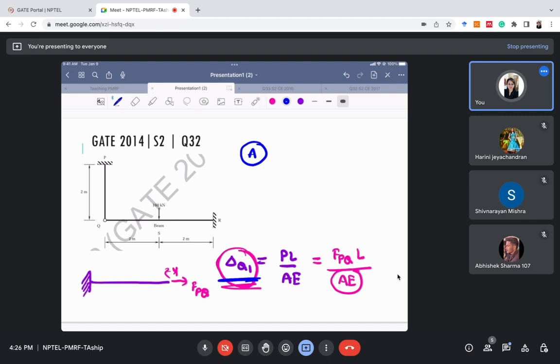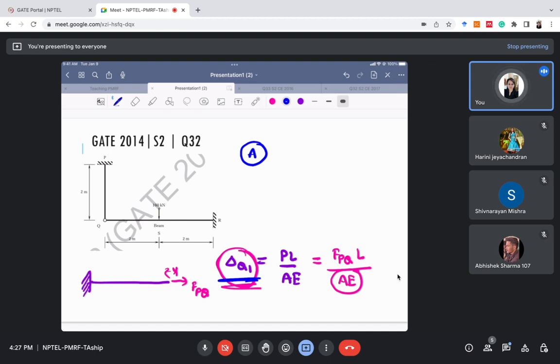Second thing you should know is the standard deflection formulas. Without the standard deflection formulas, it will be very difficult to solve this problem in a conventional way. Another important thing which I like to stress again and again, please remember that table in which those standard deflection formulas are given. And third thing is practice, because without practice you won't be able to know where to apply what thing.